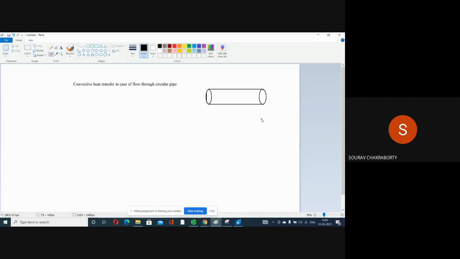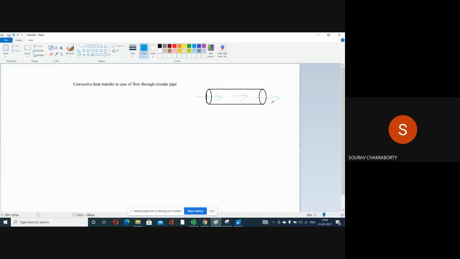If we have a circular pipe like this, and suppose fluid is flowing through this pipe.